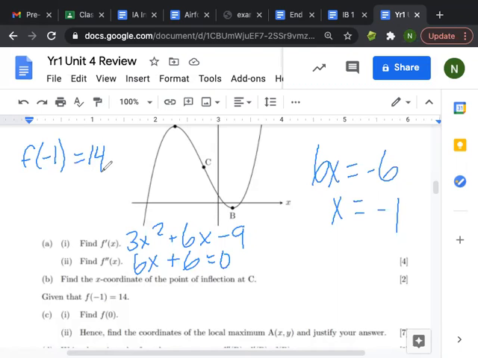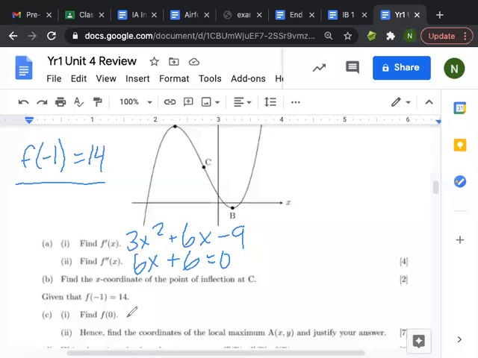I can use this information to solve for k. What do I do? Well, you could use the original equation, plugging in -1 for all the x's, right? Yep. And then just solve for k from there.